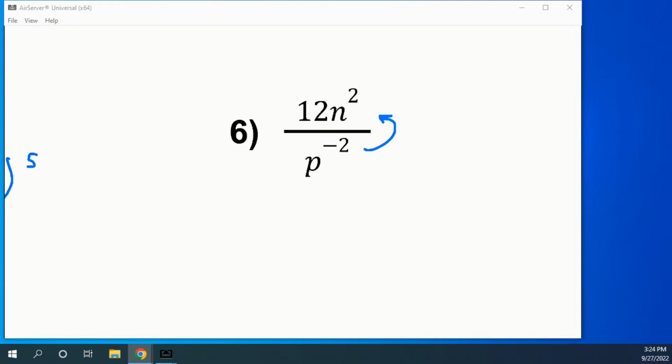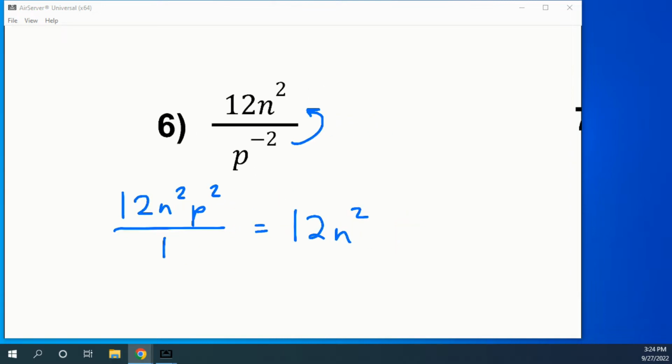So this could either look like 12n squared p squared over 1, or it could just be 12n squared p squared. That's all you have to do. You just have to use that negative right there to flip that term that has the negative exponent.